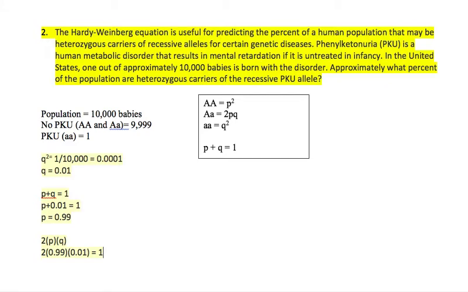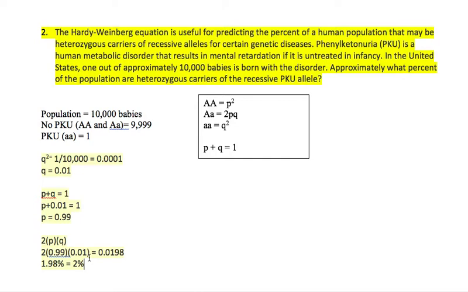Let me do that real quick. 2 times 0.99 times 0.01 is 0.0198. So now to find the percent, I'm just going to go ahead and move my decimal over 2 places to the right, 1, 2, and that gives me 1.98%. Now because it's asking approximately, I'm going to go ahead and round that. So that means it is going to be approximately 2%.